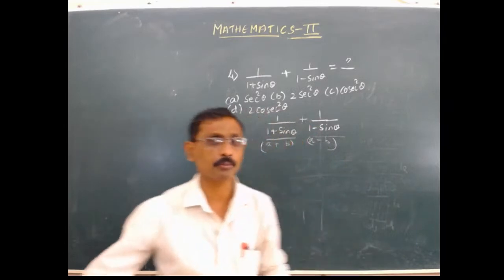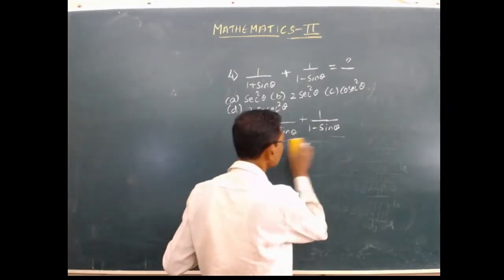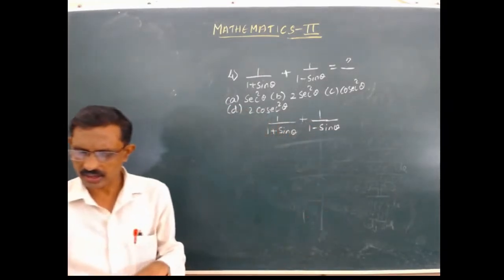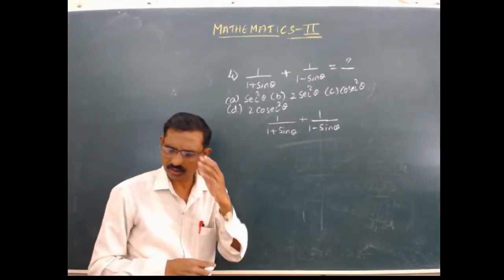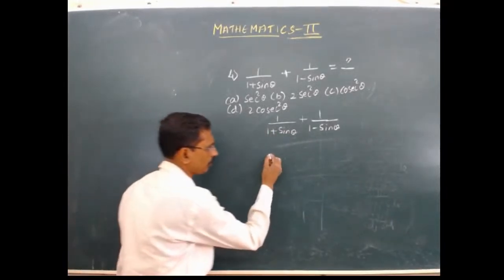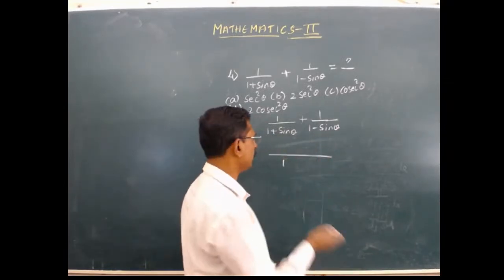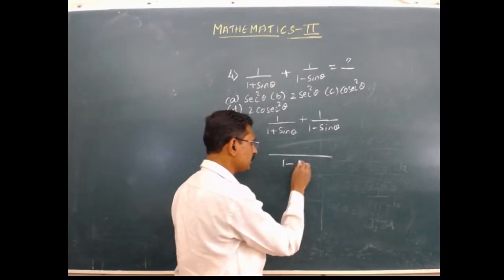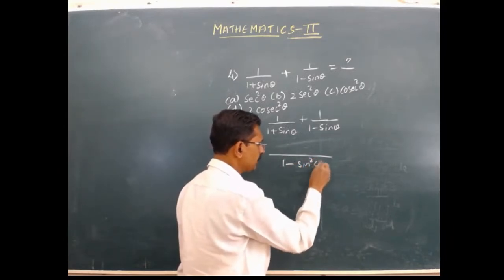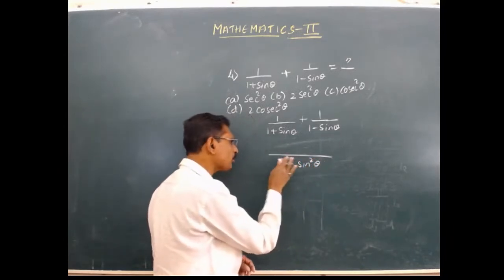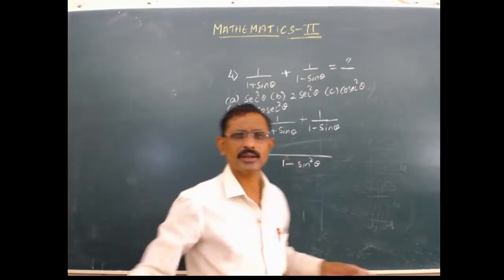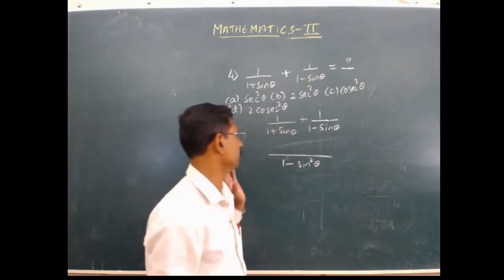Let's solve with that formula. So 1 square gives me 1, A square minus B square. Even though I write, 1 square is 1.